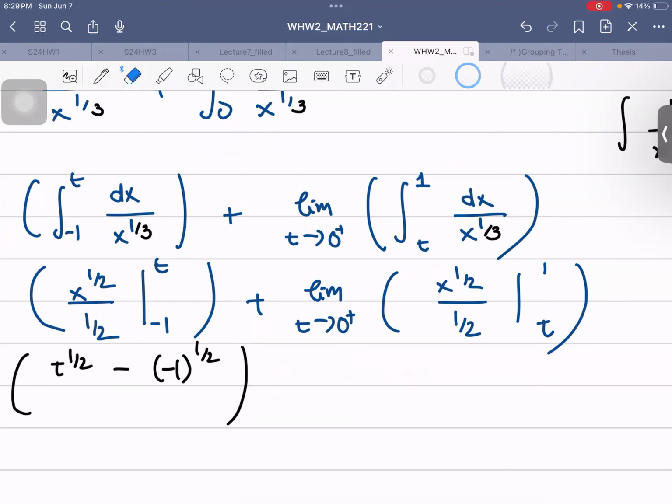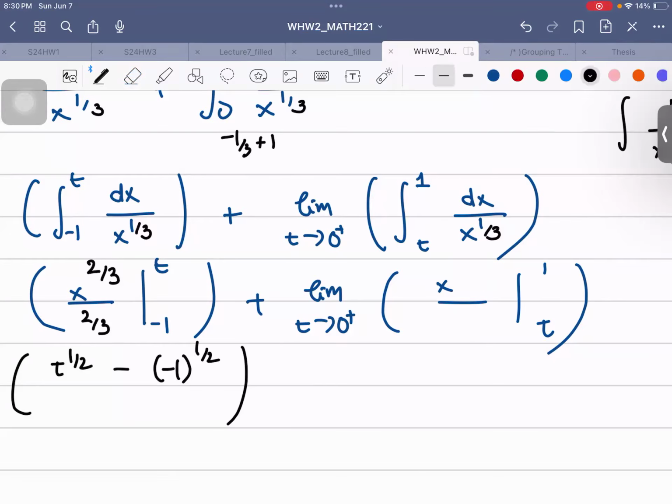So when you do the integration, you add 1 to the power. Negative 1 over 3 plus 1 will give you 2 over 3.